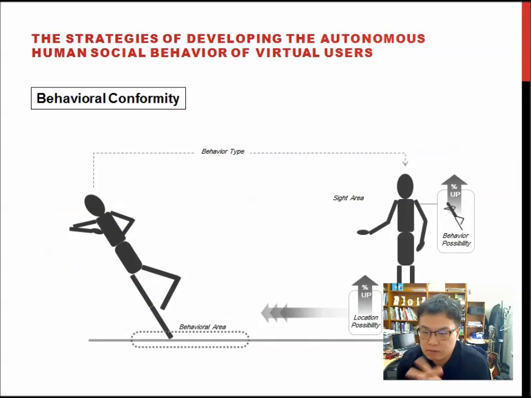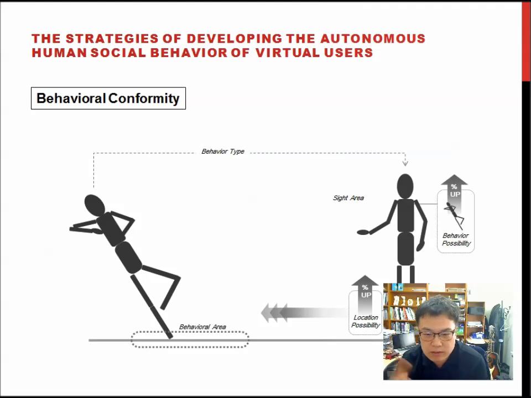I will introduce the strategies for developing autonomous human social behavior virtual users. I introduced four social behavior patterns. The first is self-perception, but it's not easy to computerize. So we computerize these three patterns.